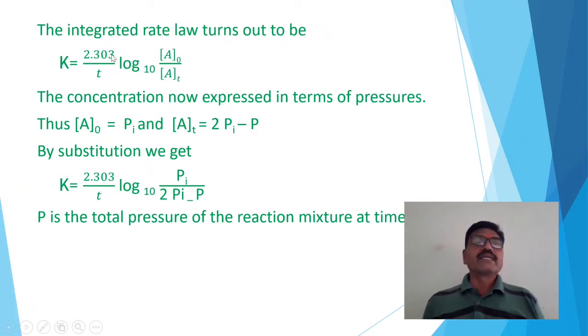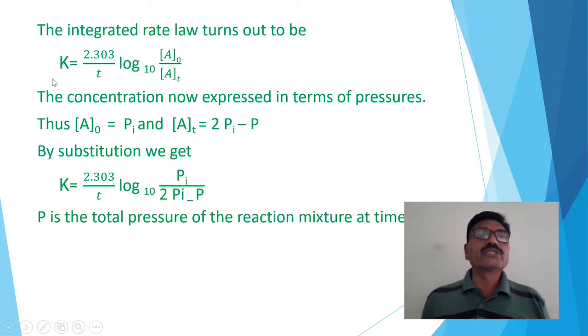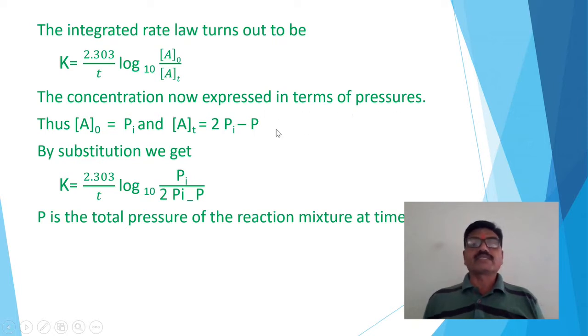Now we know the integrated rate law equation for first order reactions in solutions, which we already studied in the previous video. In that equation the concentrations are now expressed in terms of pressures, as this is a gaseous reaction.